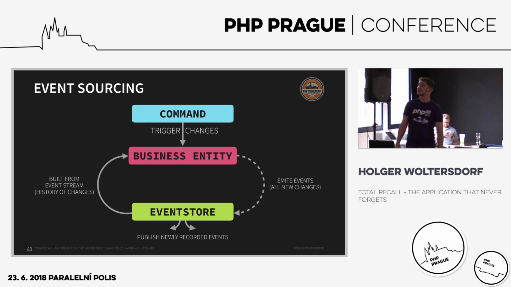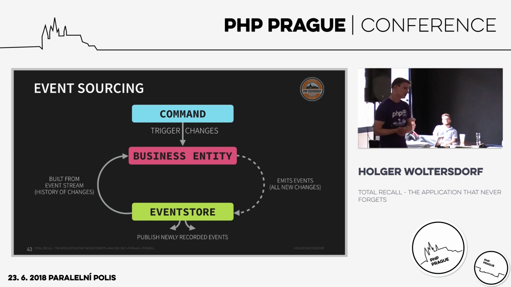In more detail, it looks like this. You have something like a command or a trigger or whatever. Usually that's just a method or an object that is sent to an event bus or something. You have your business entity, and your business entity is rebuilt from a history. That business entity could be any domain model that you have in your application.